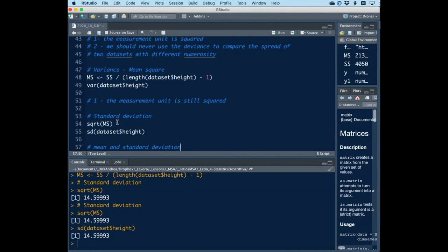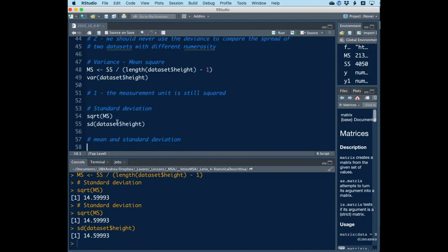So do not forget this. We should never present the mean alone. We should always present mean plus standard deviation, because we need to give an idea about the location of the data set and about its spread. Otherwise, information is not complete.